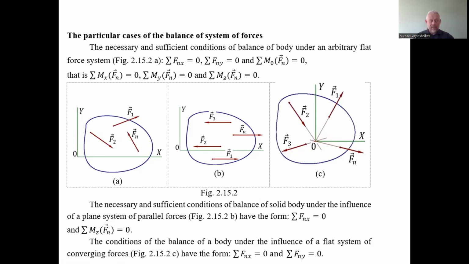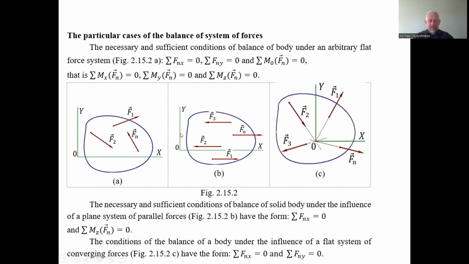Okay, and the necessary and sufficient conditions of balance of a solid body under the influence of a plane system of parallel forces, here in figure 2.15.2b, have the form: the total of all force projections on the abscissa axis has to be equal to 0, and the total of the moments of forces in this plane, or the moments acting on this plane, has to be equal to 0.